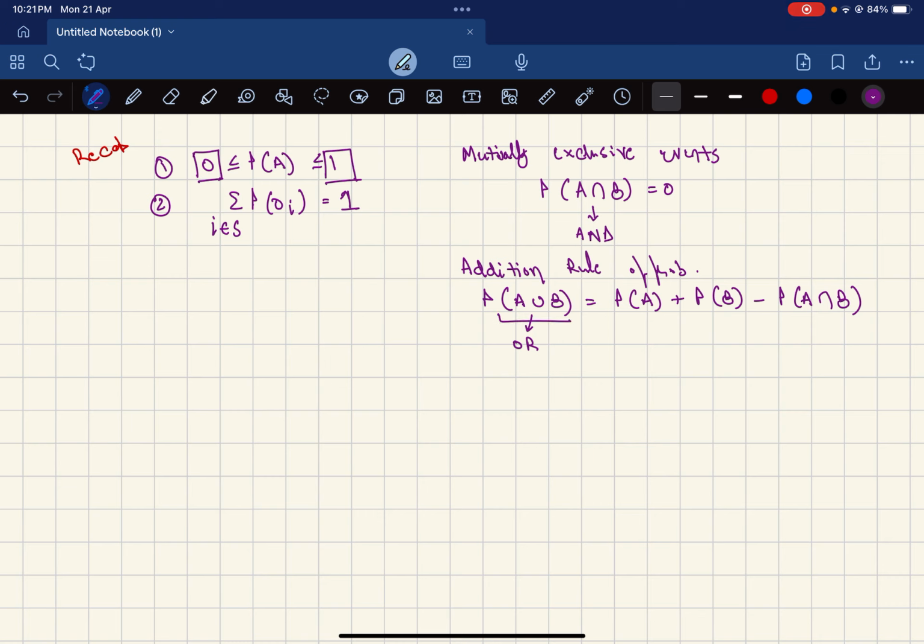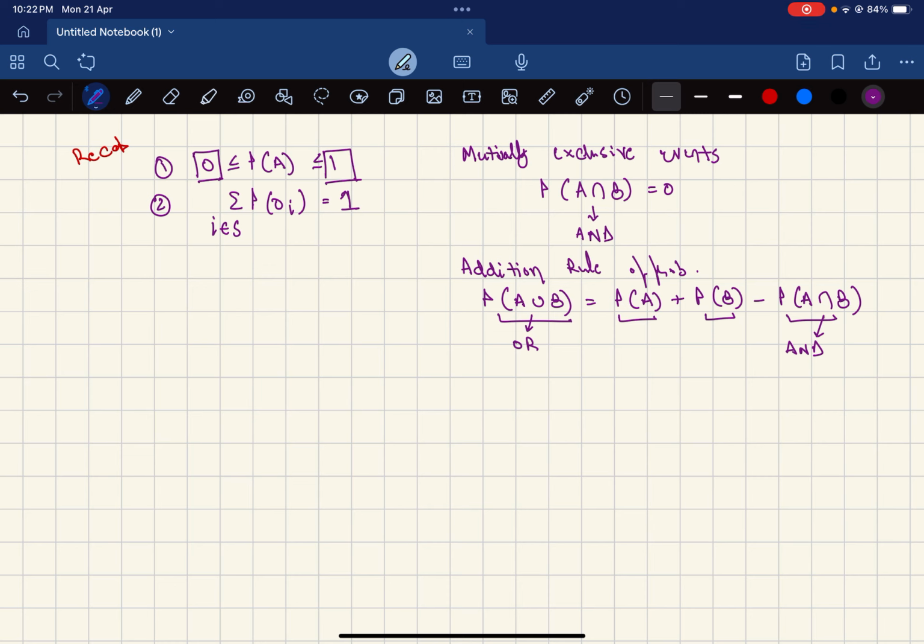So this includes the case where exactly one of A or B is occurring. So we can have just A, we can have just B, or we can have both A and B here. And we add up the individual probabilities here and we subtract the intersection probability, which is the probability of both the events to occur. So this is how we define the addition rule of probability.